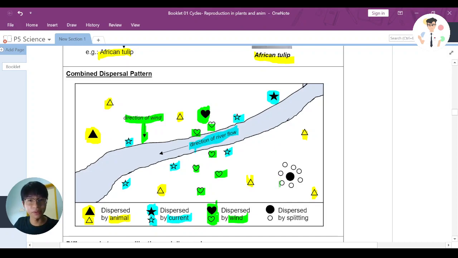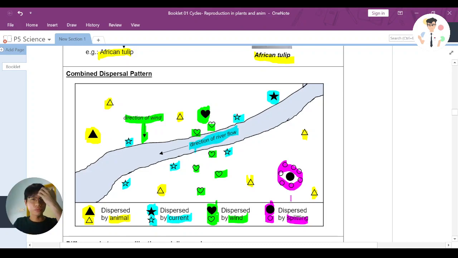Okay, kind of simple. And the last one, as you know, is dispersal by splitting. Splitting is kind of easier to understand because it will split and explode, and the seeds will scatter around, as you can see here. Okay, this is the young plant.